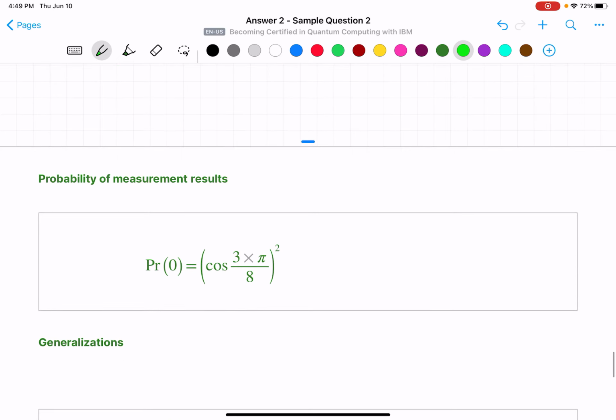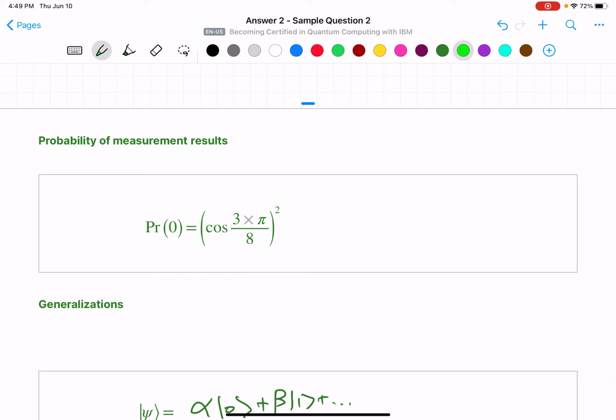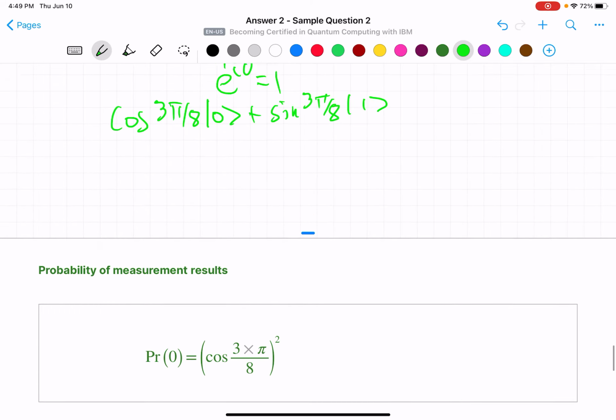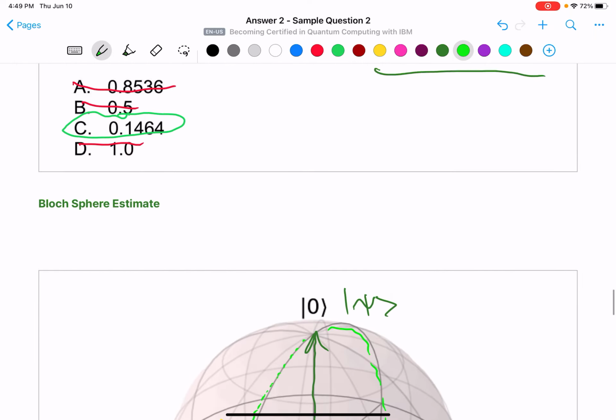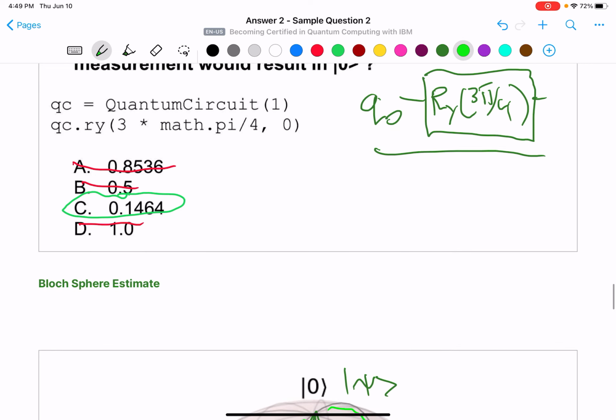The probability of measuring a 0 is equal to the square of the amplitude for the 0 state in the description of the qubit, which is cosine of 3 pi eighths. So that squared is equal to roughly 0.146, which is equal to the answer C.